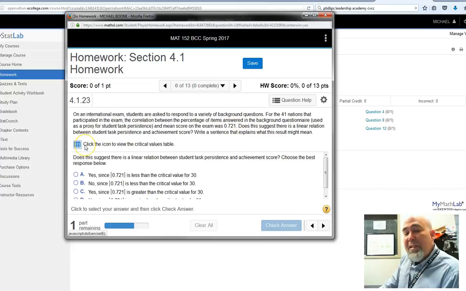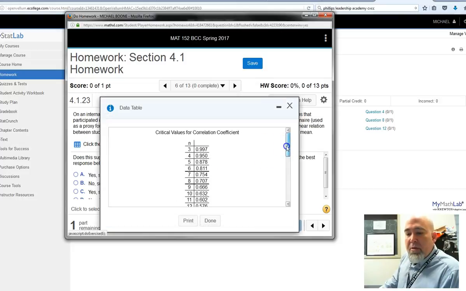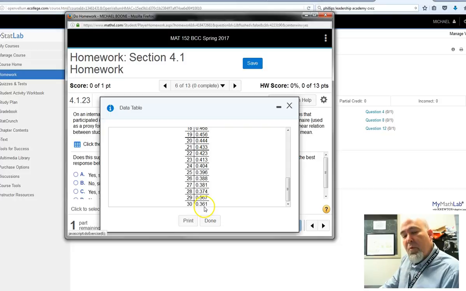If it was a -.721, we would look at the absolute value of that, because again, -1 is perfect as well, just in a different direction. So since our .721 is greater than .361, we can say that it does have a linear relationship.